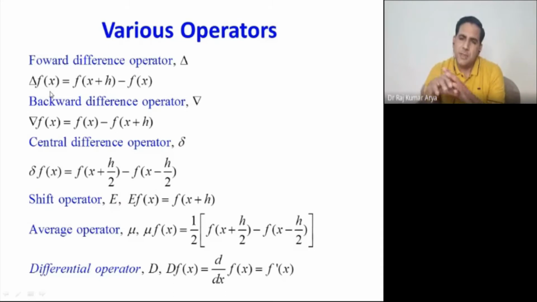The difference between one step higher and the previous one is called the forward difference operator, the del operator. If you want the backward one, you are just going back from the original data. In that case, you are calculating the backward difference here, fx minus fx at the previous step.